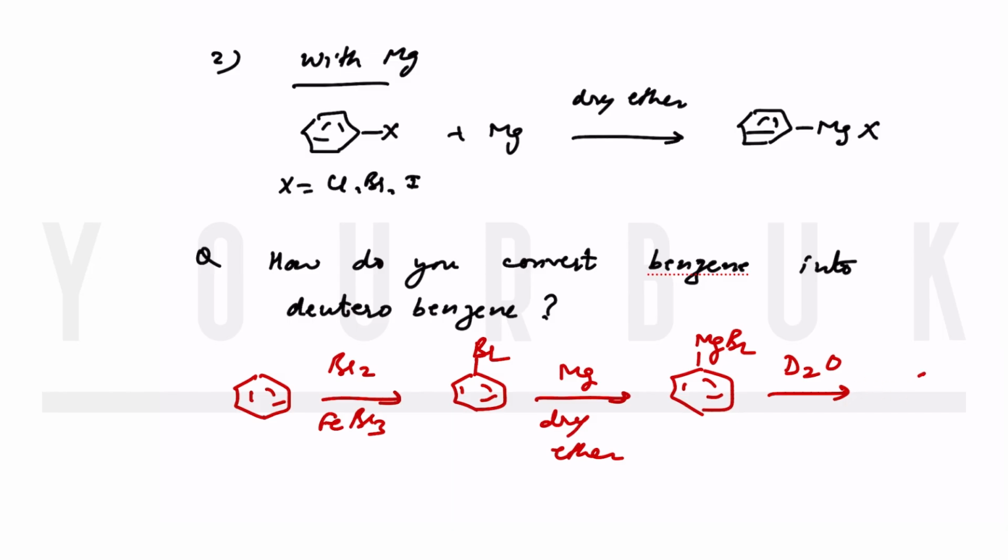Heavy water will replace MgBr by D. This is called deuterobenzene, and the starting compound was benzene. So these are the reactions of haloarenes with metals.